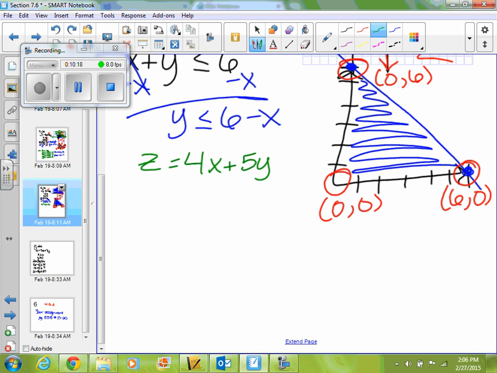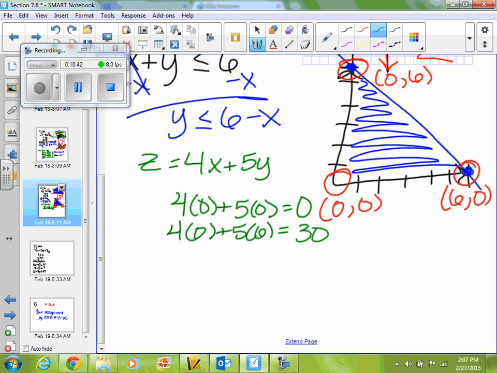So if I plug in 0, 0 first, I get 4 times 0 plus 5 times 0, which equals 0. Makes sense? I plug in my second constraint, 0, 6. I get 4 times 0 plus 5 times 6, which is 30.